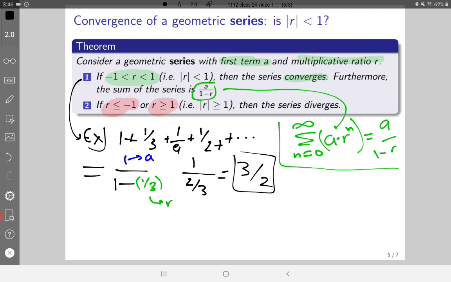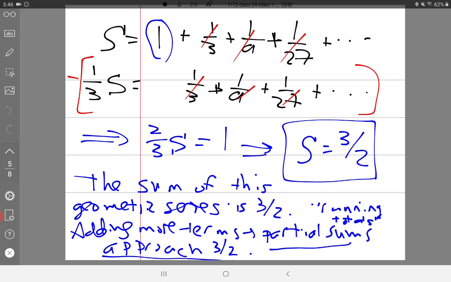There's the same sum value we got already. And in fact, that division, 1 over 2/3, is pretty much what we did to solve for s in this last step, to divide both sides by 2/3, or to multiply by its reciprocal, 3/2.